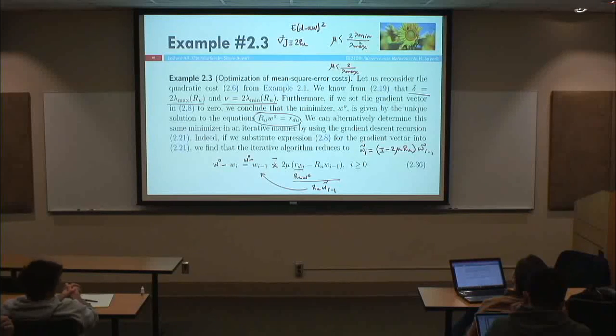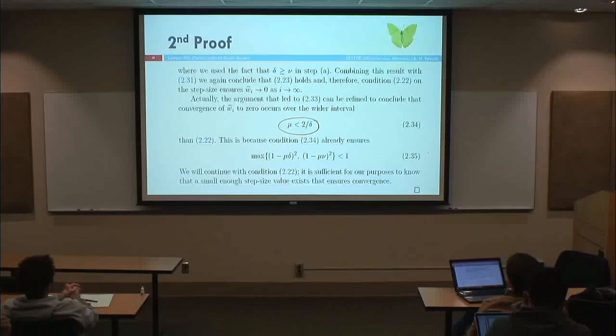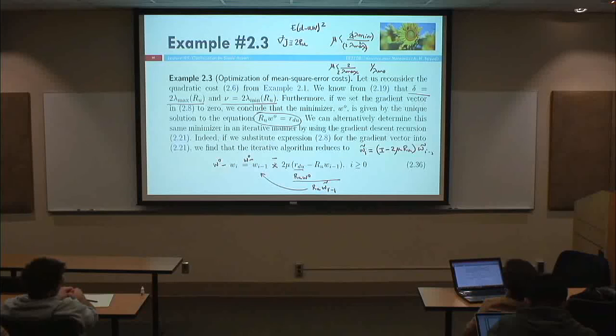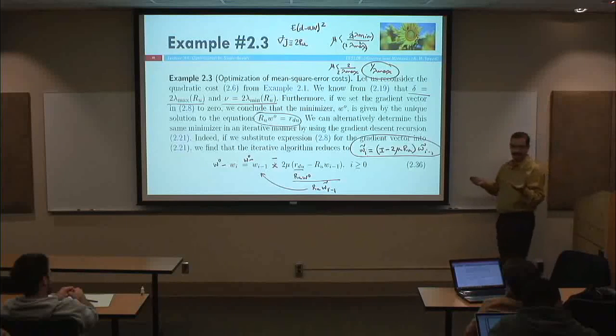Okay, so just before I continue, sorry, this is not 2 over lambda max, because delta is 2 lambda max, so 2 lambda max, right? So here delta was 2 lambda max and lambda min was 2 lambda min, right? So actually it becomes 1 over lambda max in this case. So here, what's the condition on mu for this to be stable?